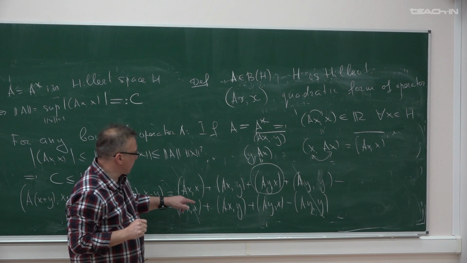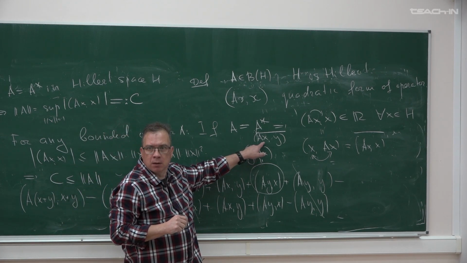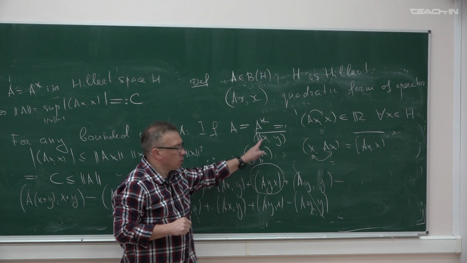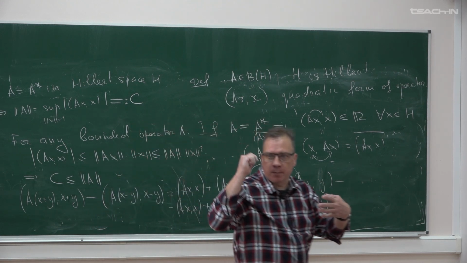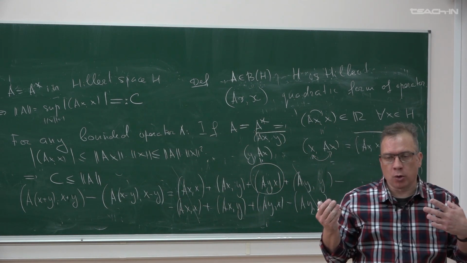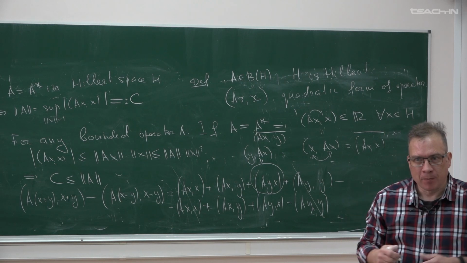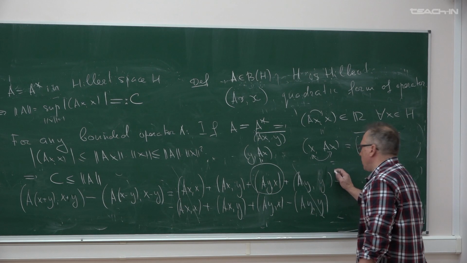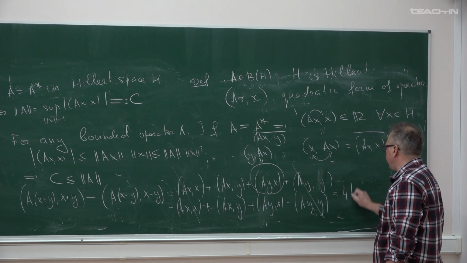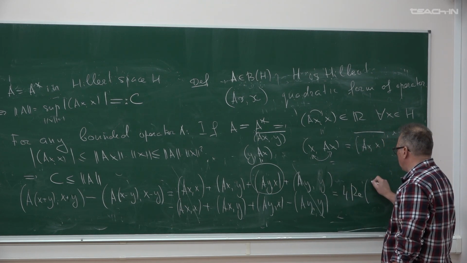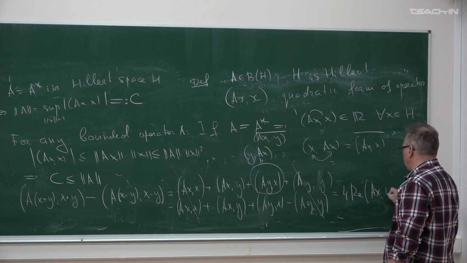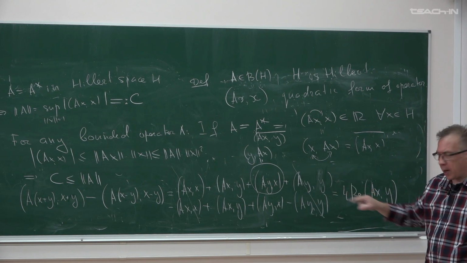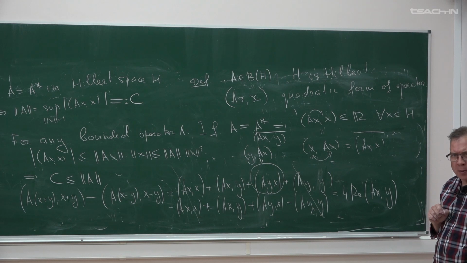So you have a sum of this and this. You have the sum of complex conjugate numbers. So it is twice the real part. And we have the first and second terms. So we have that it is, for a self-adjoint operator. Here we use the property of a self-adjoint operator.